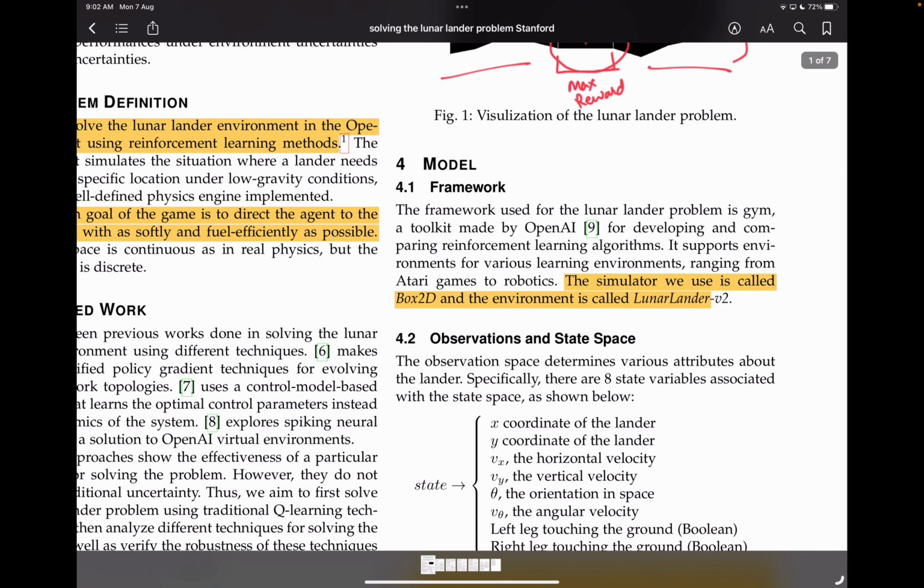Right? Now, a few things about RL. We heard about the action space and the state space. What are the observations and the state space? The observation space determines various attributes about the lander. There are 8 variables that define the state space. They are basically the x coordinate of the lander, the y coordinate of the lander, the horizontal velocity, the vertical velocity, the orientation theta, the angular velocity, and we have 2 Boolean states as well.